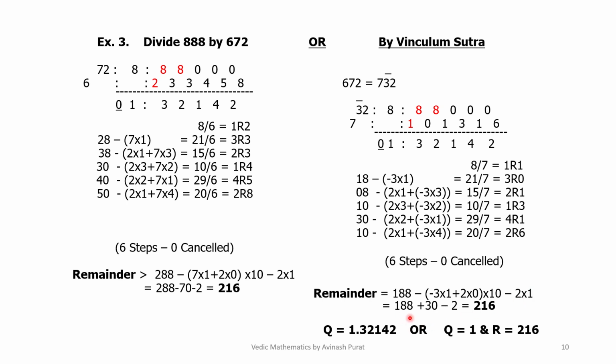So 188 plus 30 minus 2 becomes 216. So the quotient is 1.32142, or quotient is 1 and remainder is 216.